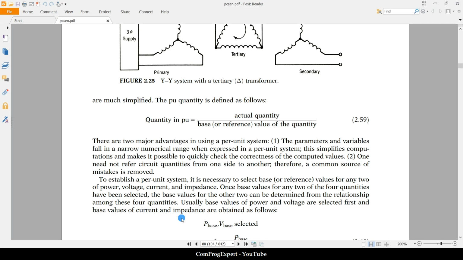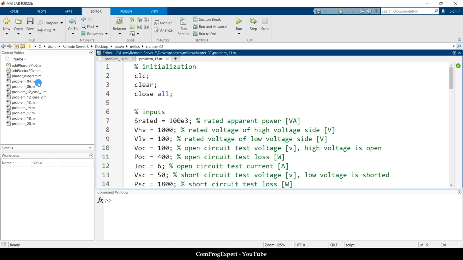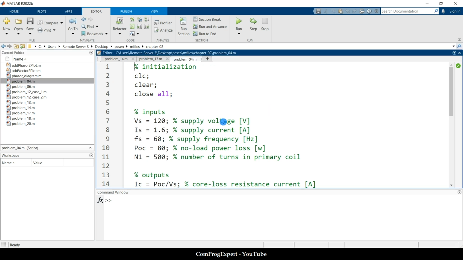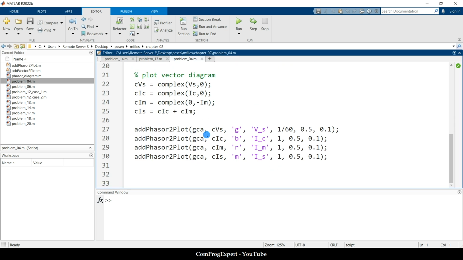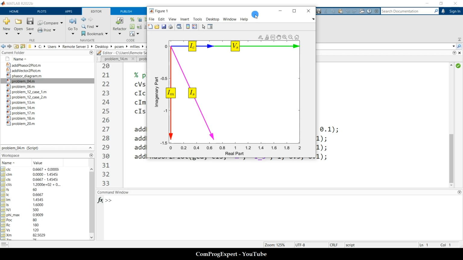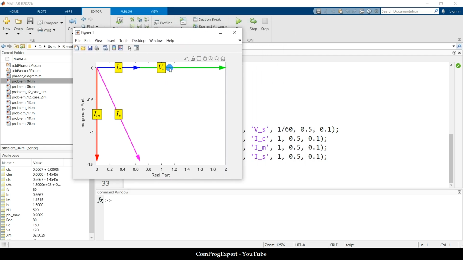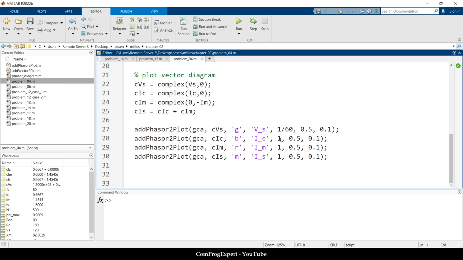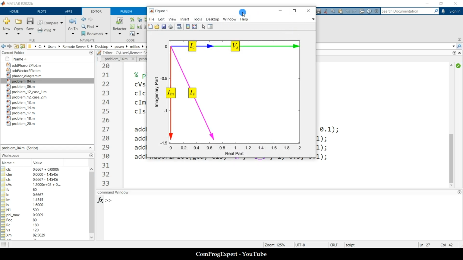We saw this when we generated these vector diagrams, for example, when I run this code. Here, because the value of the voltage is much higher than the value of the current, we need to specify a proper scale to draw this vector diagram.